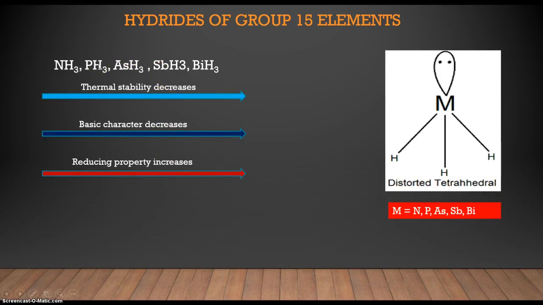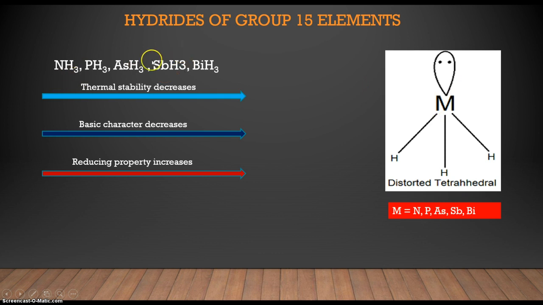As you can see here, this picture contains the M element as a central atom, connected with 3 hydrogens. What is M here? Here M is nitrogen, phosphorus, arsenic, antimony, or bismuth. Any atom among these can be represented by M.